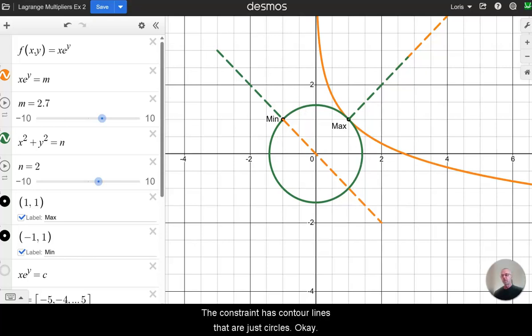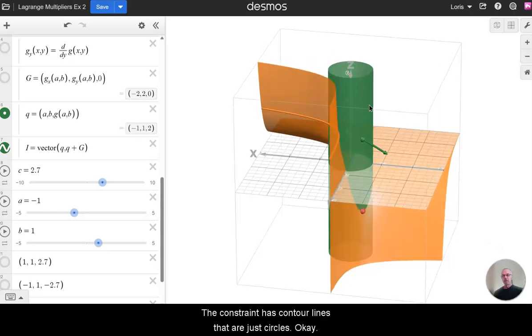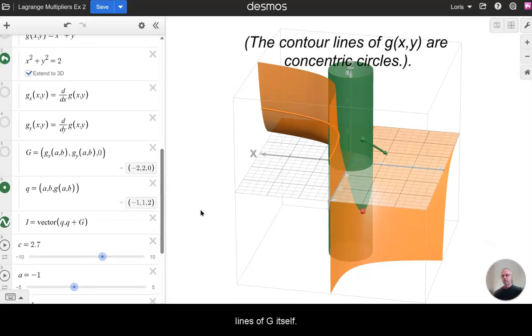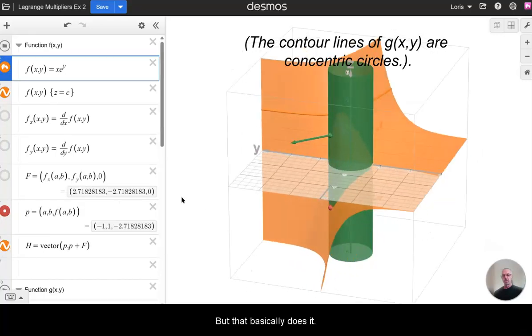The constraint has contour lines that are just circles, okay? And then if you wanted to, you could look at the contour lines of G itself, but that basically does it.